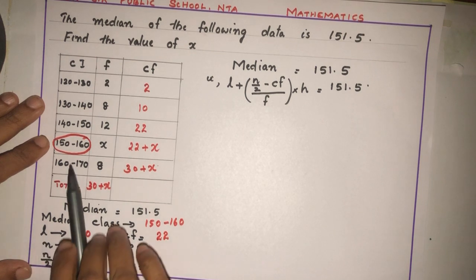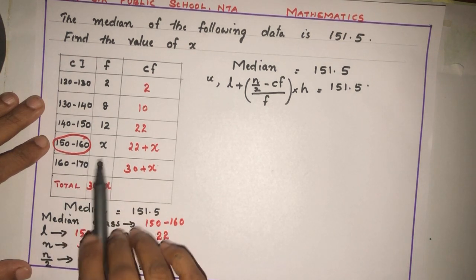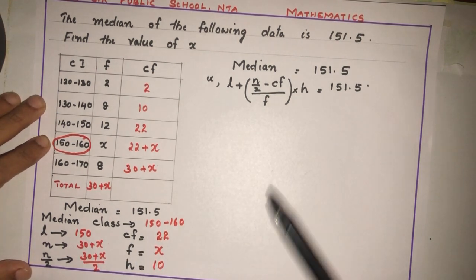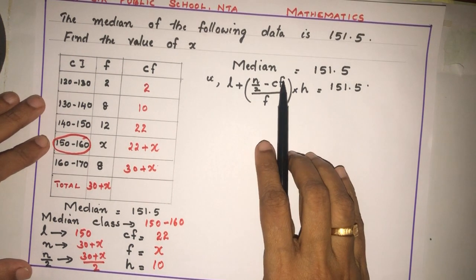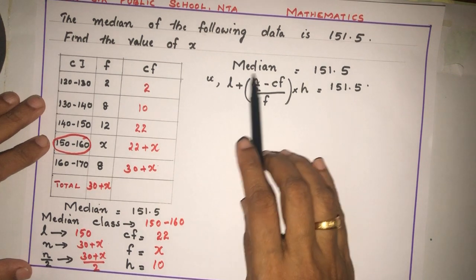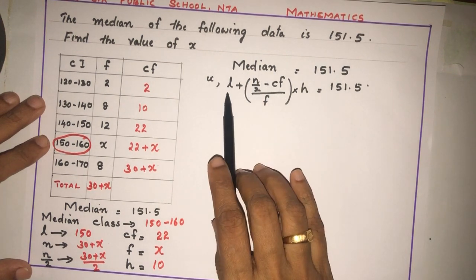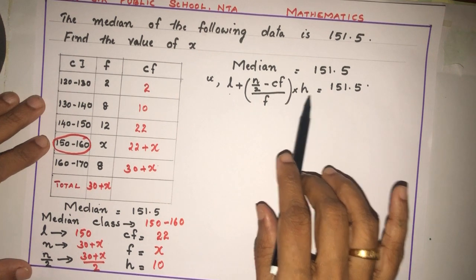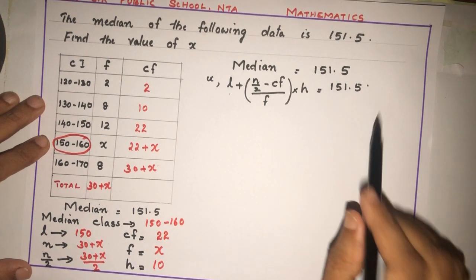Frequency of the median class, that is x. Then h, class size. Here the class size is 10. Now we are going to apply all these values in the formula. The median is given as 151.5. That is our median formula, L plus (n by 2 minus CF) by f into h equal to 151.5.